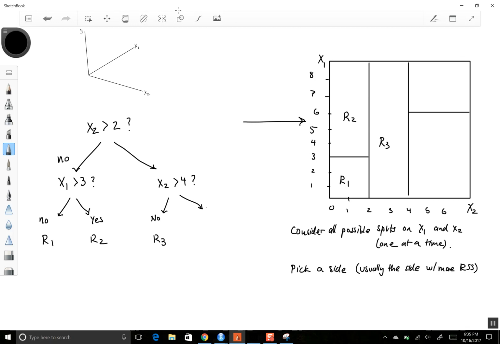And if the answer is yes, then we have another split to consider, and that is, is x1 greater than 6, okay? And if the answer is no, we're in region 4. And if the answer is yes, we're in region 5.